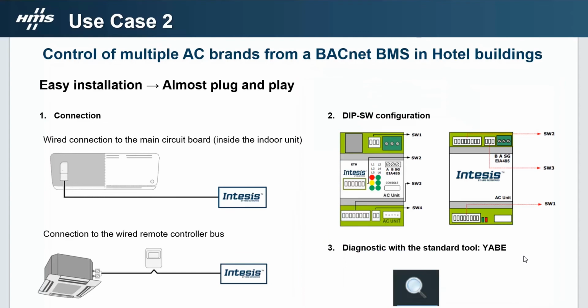Regarding the installation, we can follow the same steps as I explained before for the Modbus interfaces. The connection, we have the two options in the same way. The DIP switch configuration, in this case we have the BACnet IP and MSTP version and the BACnet MSTP only version, with a few differences in the DIP switch configuration, but quite similar.